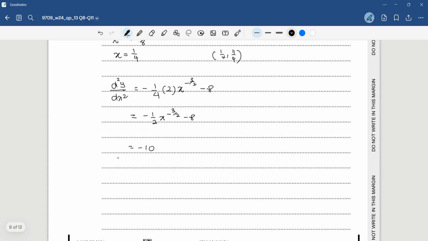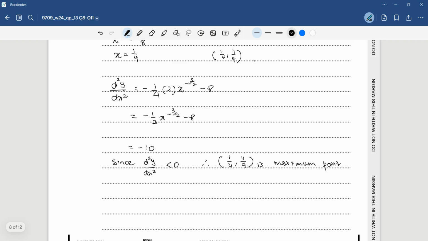Since my d square y over dx square is smaller than 0, which is negative, therefore the coordinate (1 over 4, 11 over 4) is a maximum point.